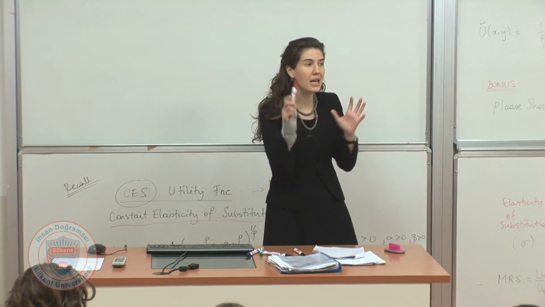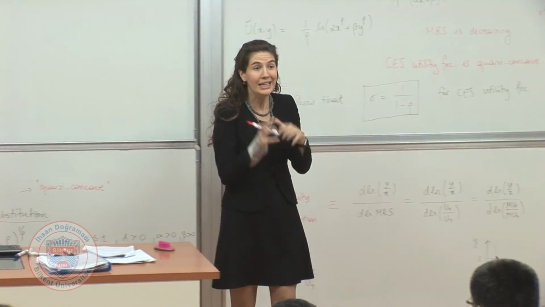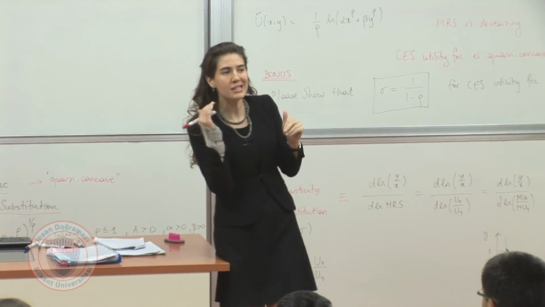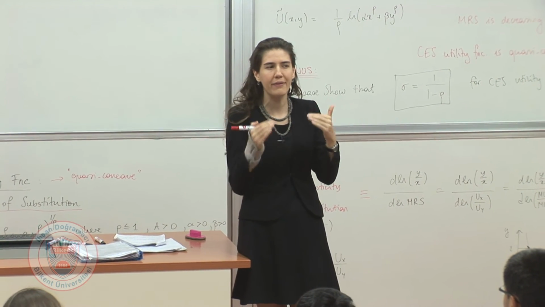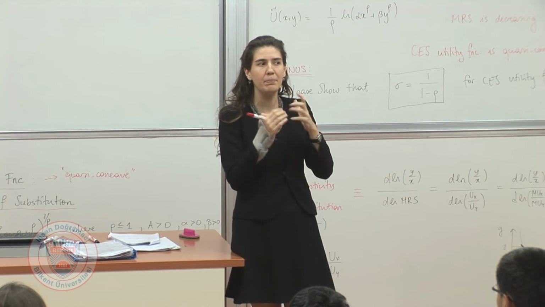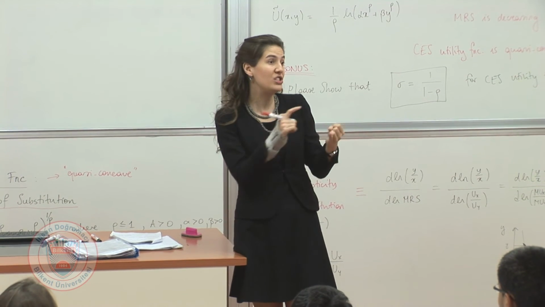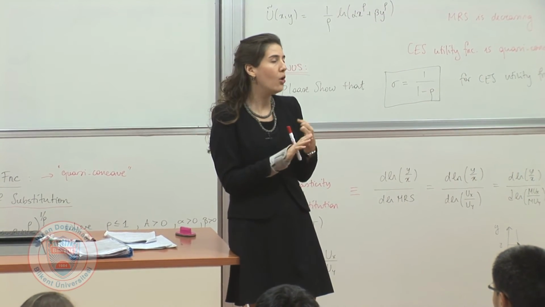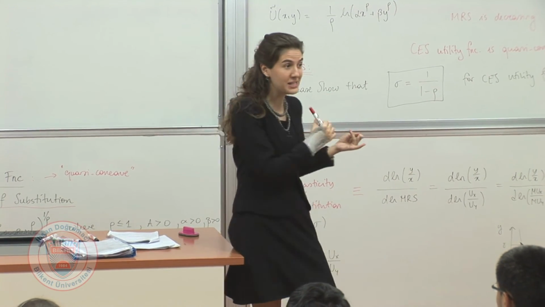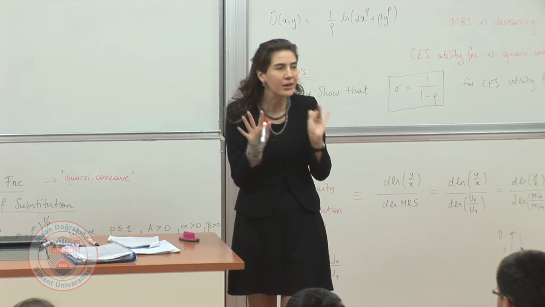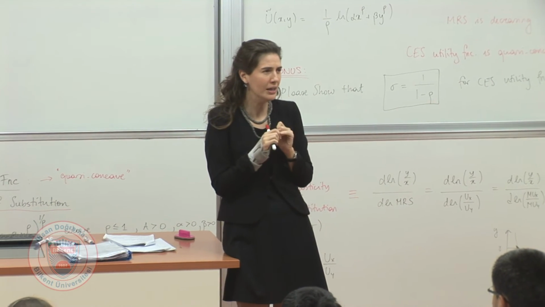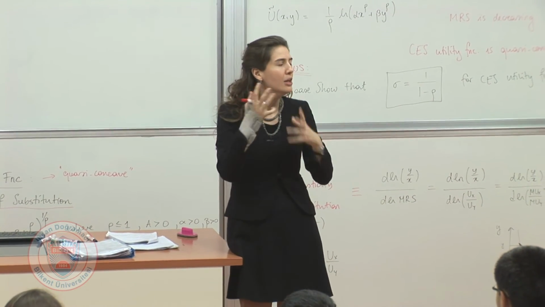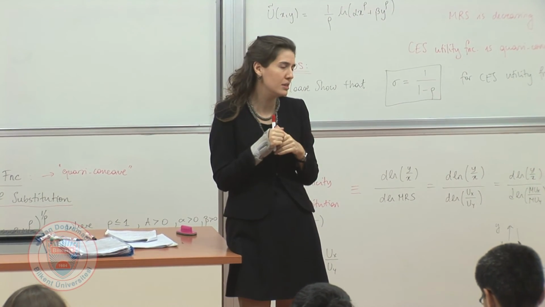Some of your friends were asking about this: the fact that your preferences can be represented by a utility function which is strictly quasi-concave, or by a utility function of CES form, has nothing to do with your rationality. These are just additional properties that your preferences might have.